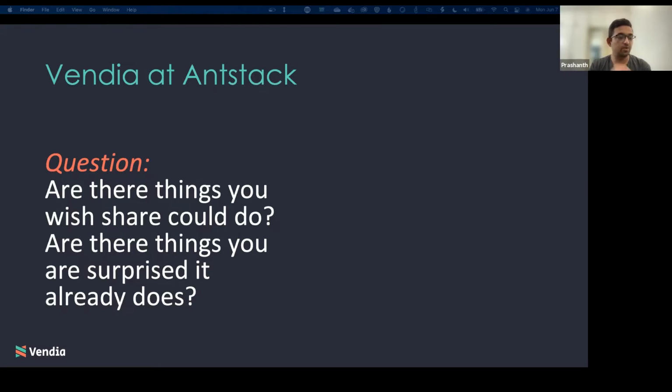Especially, we had a little bit of struggle with respect to how we should model our data for Vendia, because there is a varied access pattern. In the case of Best Friends Animal Society, this was a lot more challenging because there is not just one organization involved. There are a lot of other organizations.